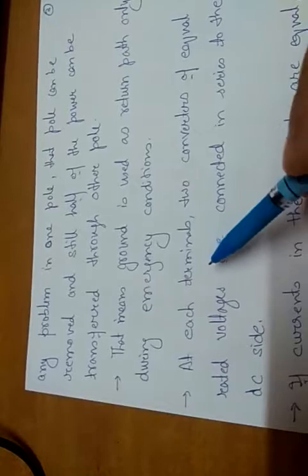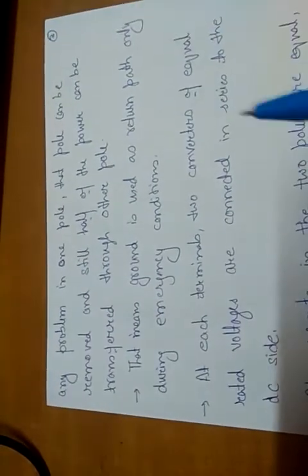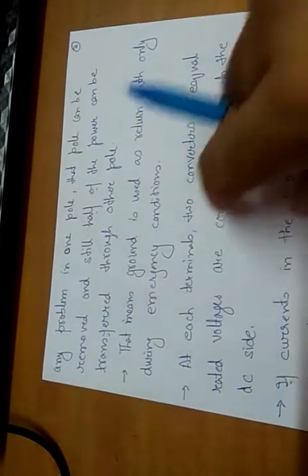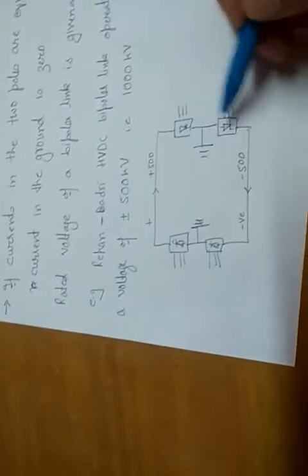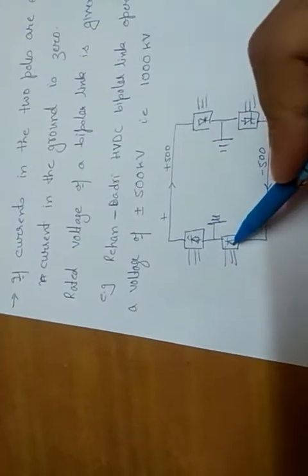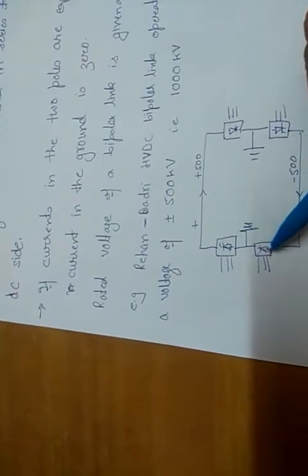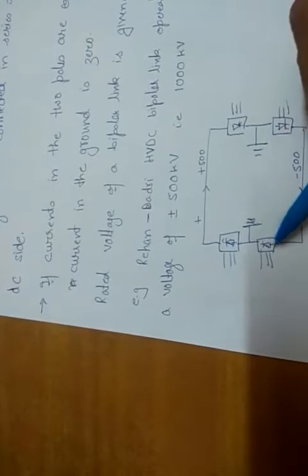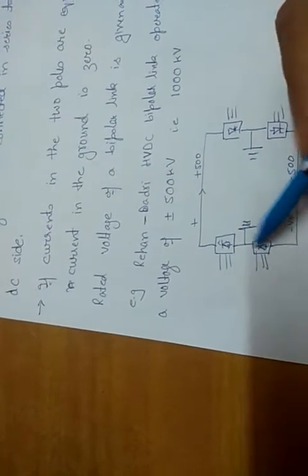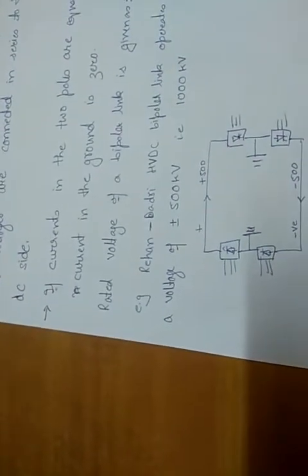Okay, so at each terminal, whether I am talking about bipolar or homopolar, we have two converters of equal rated voltages, two converters here and two converters here. These two converters have the same voltage rating and they are connected in series on the DC side.